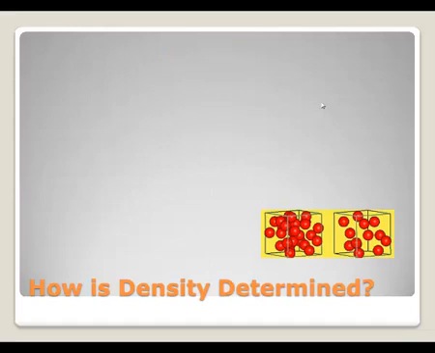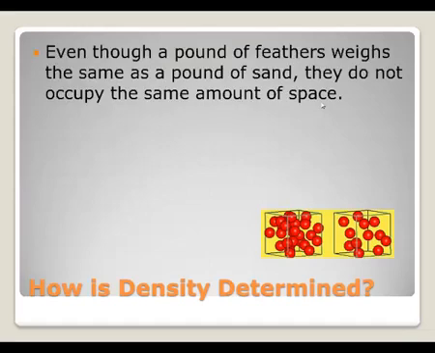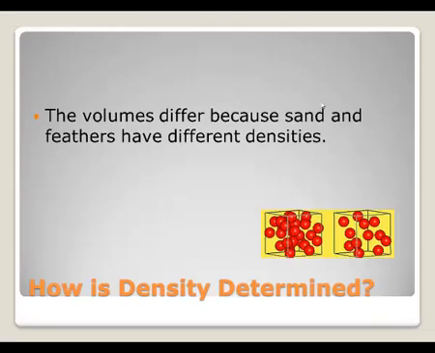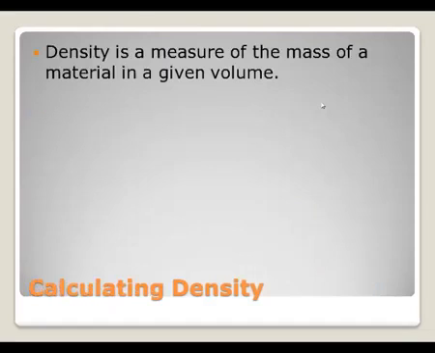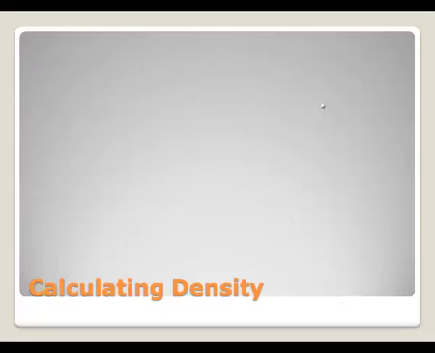How do we determine density? So even though a pound of feathers weighs the same as a pound of sand, they do not occupy the same amount of space. The volumes differ because sand and feathers have different densities. So in order to calculate density, density is a measure of the mass of a material in a given volume.